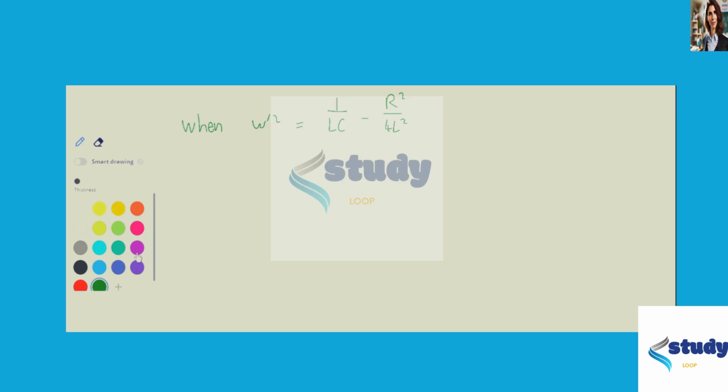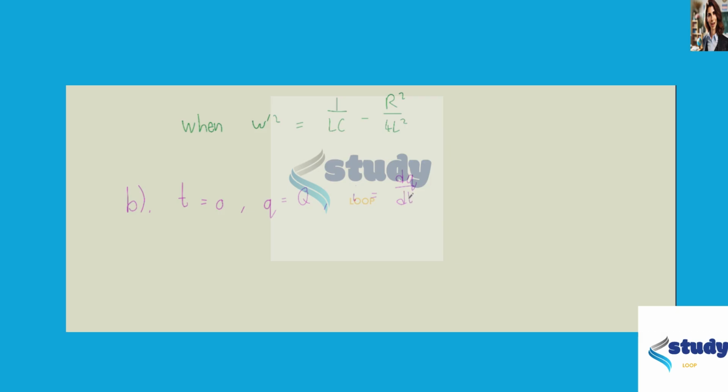Next, for part B, we are told that at time equal to 0, q is equal to capital Q, and the current I, which is equal to dq/dt, is 0.